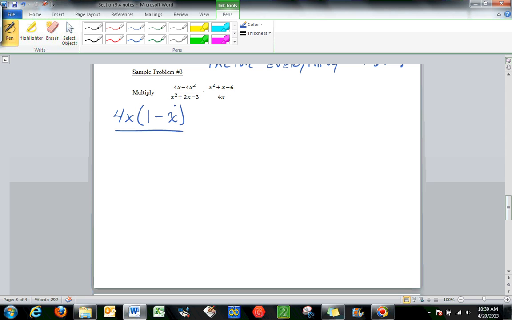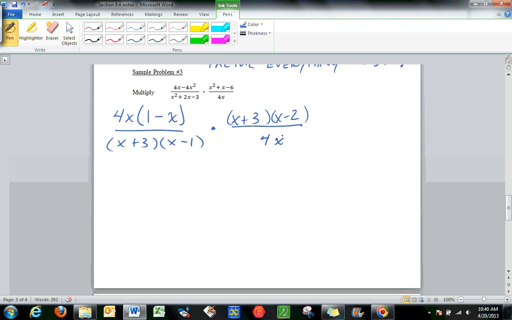On the bottom, x squared plus 2x minus 3 is going to factor out to be x plus 3 and x minus 1. And then we're going to multiply by the other side, and we're going to factor that as well. So the numerator factors out to be x plus 3 and x minus 2, and then the bottom is just a 4 and an x.